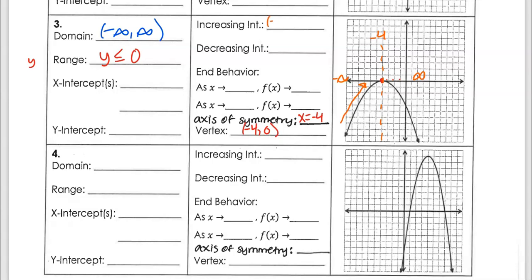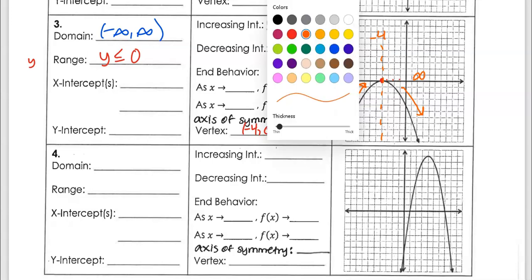So that's an increasing interval from negative infinity to -4. And then from -4, as I walk over, now my y's are getting smaller. So -4 to infinity. All right, good. What else you want to pick out?